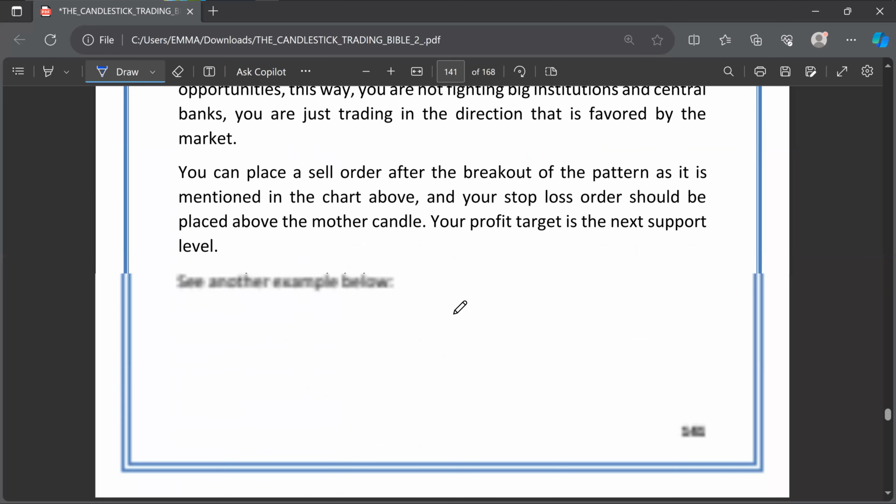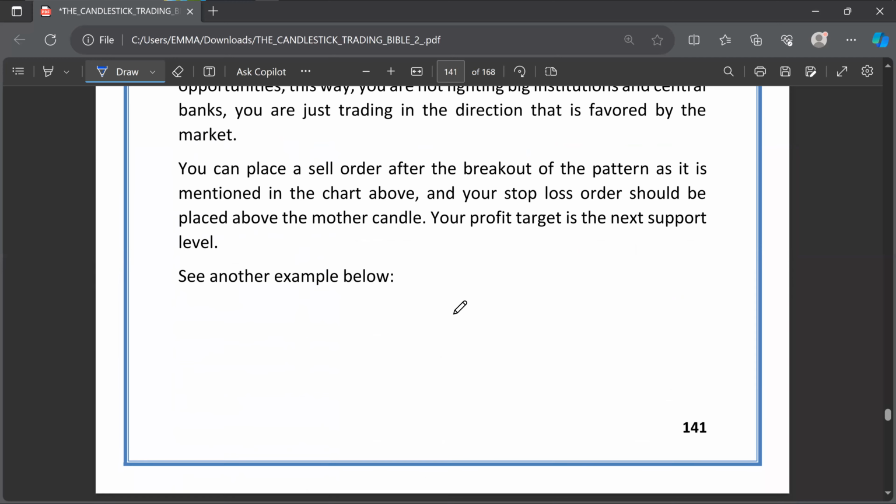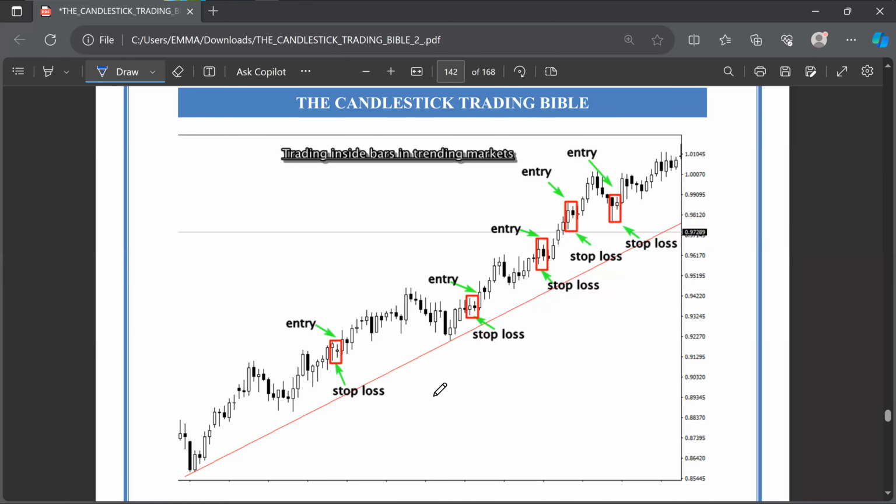We are not going to read about that. Now, this is another one. If it forms during an uptrend, the recent one was during a downtrend. When it happens during the trend, the trend will continue in that direction, right?